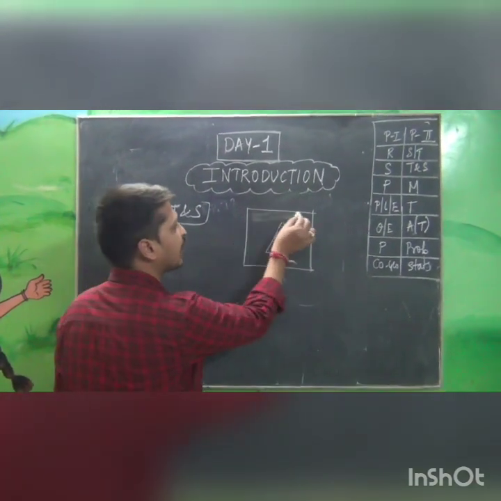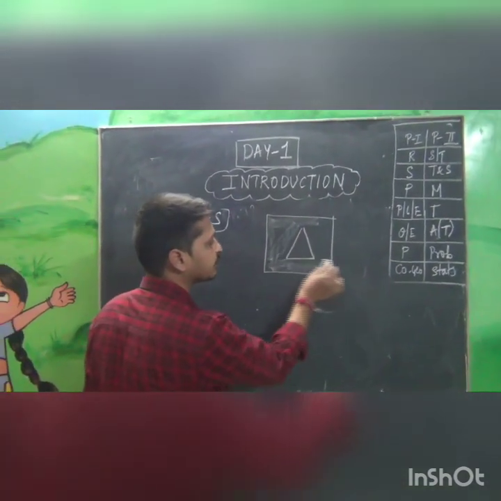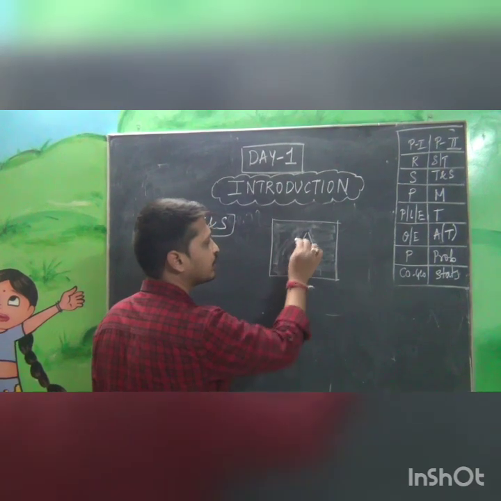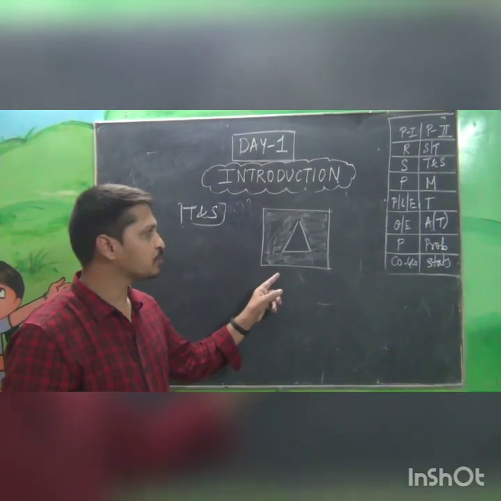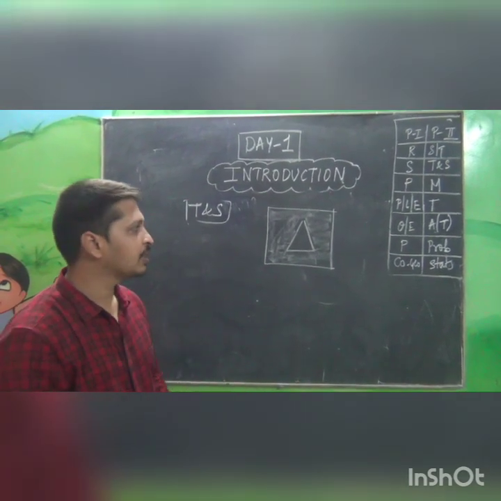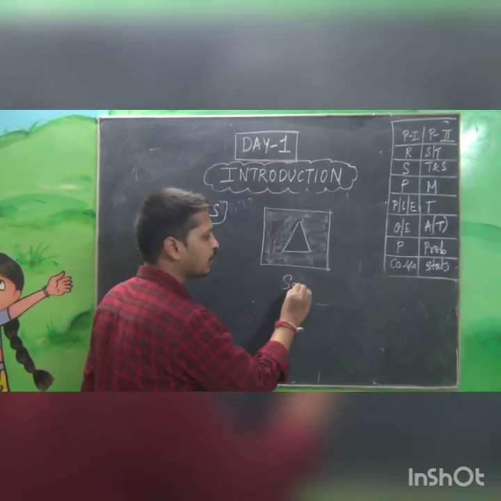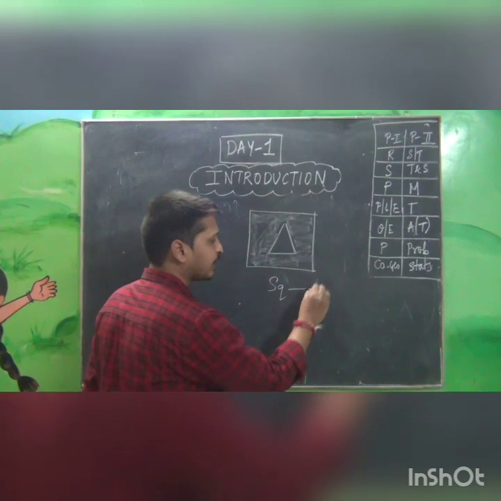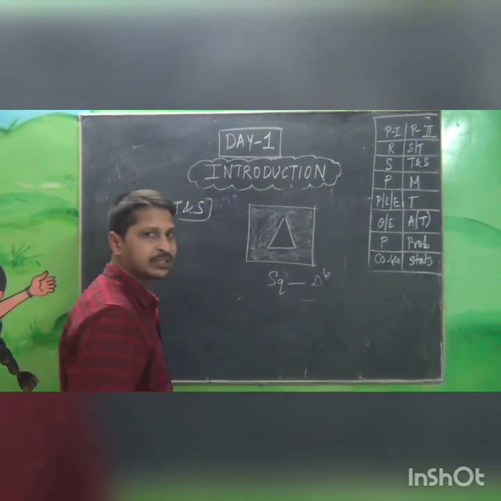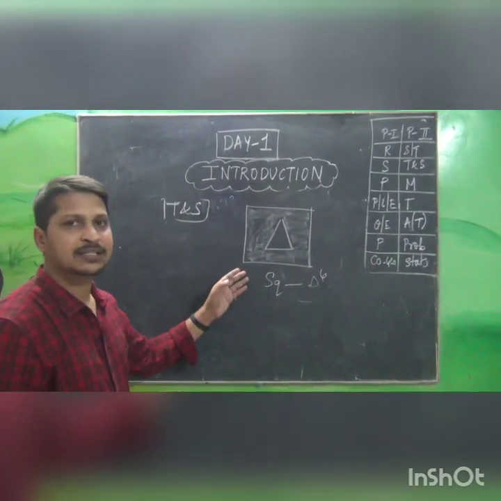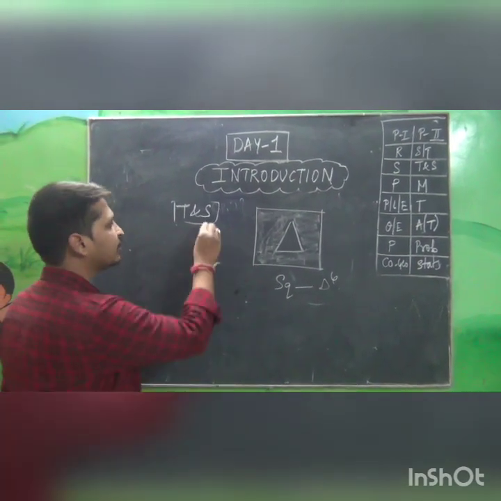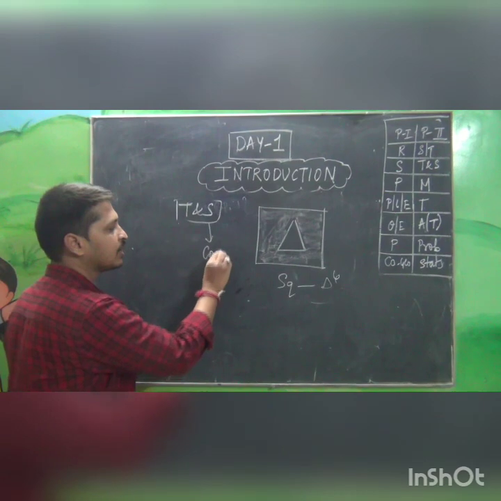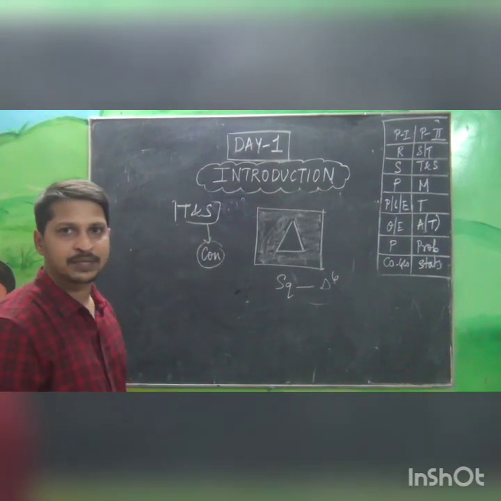Now I will shade it, and then I will ask you to find the shaded region. Basically, how will you find the shaded region? From the square we need to subtract the triangle, then you will get the shaded region. Like this we have a total exercise all about the shaded region. Along with that we have constructions here, constructing the tangent to a circle and everything.